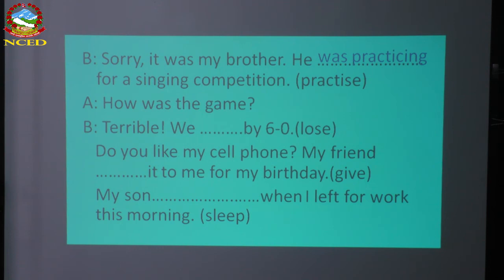A again asks, how was the game? B replies, terrible. We lost. Lose, lost. Do you like my cell phone? My friend. Okay, here A is missing. A asks the question, do you like my cell phone? My friend give. The past form is gave it to me for my birthday.